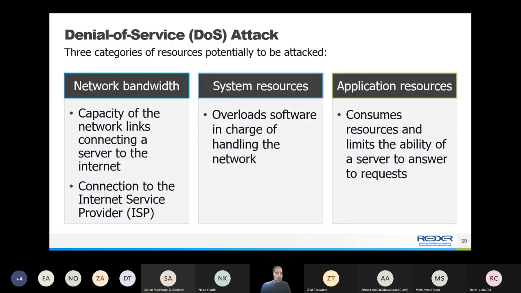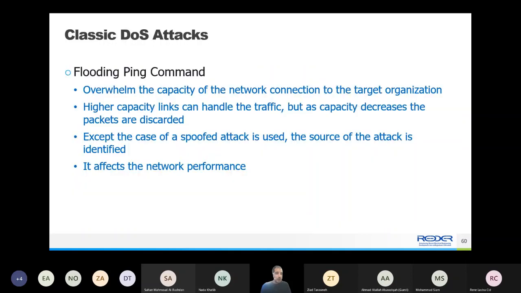So again, there are three categories: the network bandwidth, the system resources, and the application resources. I think with the example, we more or less understood what each of them is. So we have the classic DOS attack, the flooding ping command. This is happening at the network level.